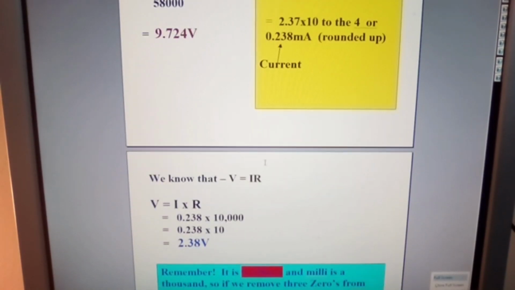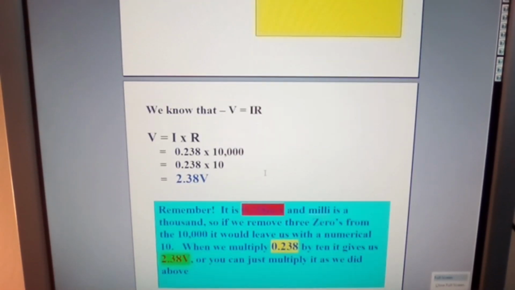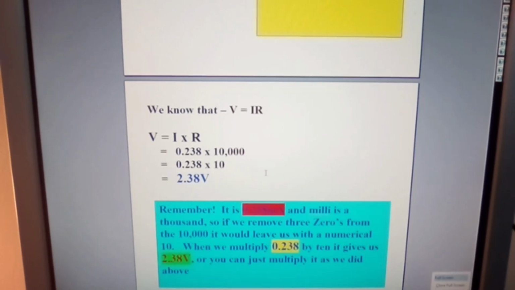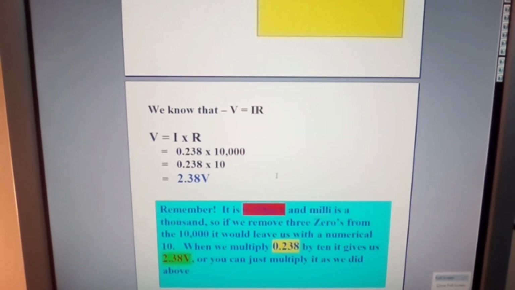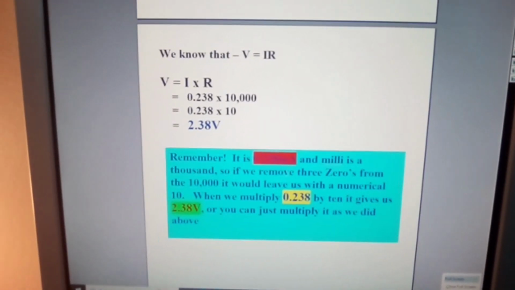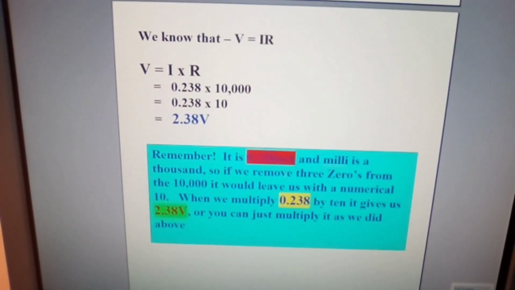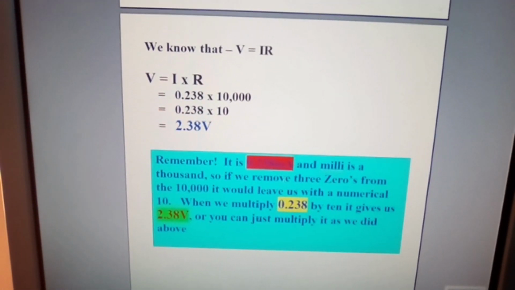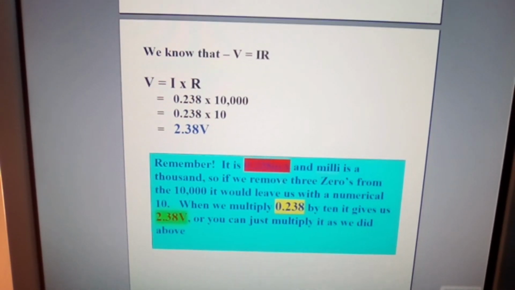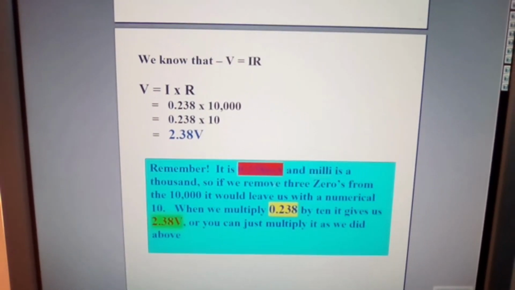We know that V equals I times R, 2.38 volts. Remember, it is 0.238 milliamps and milli is a thousand.